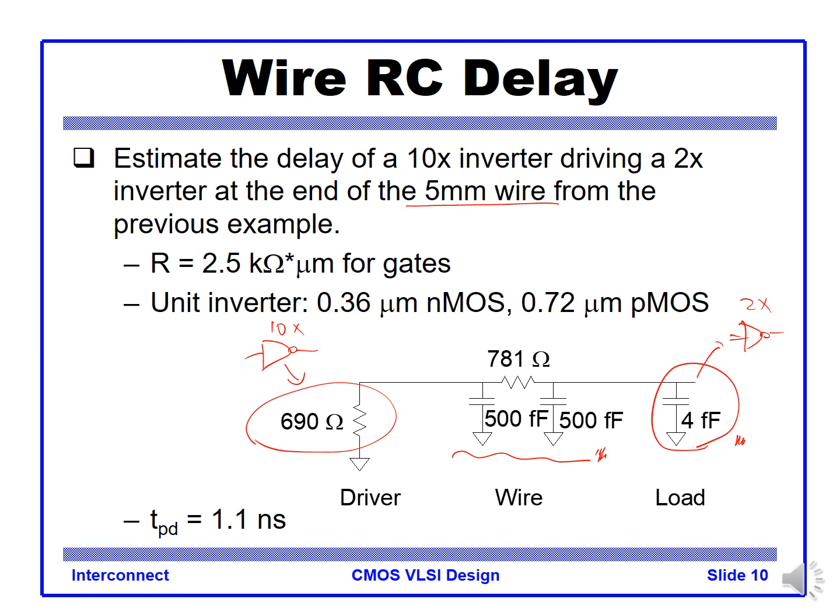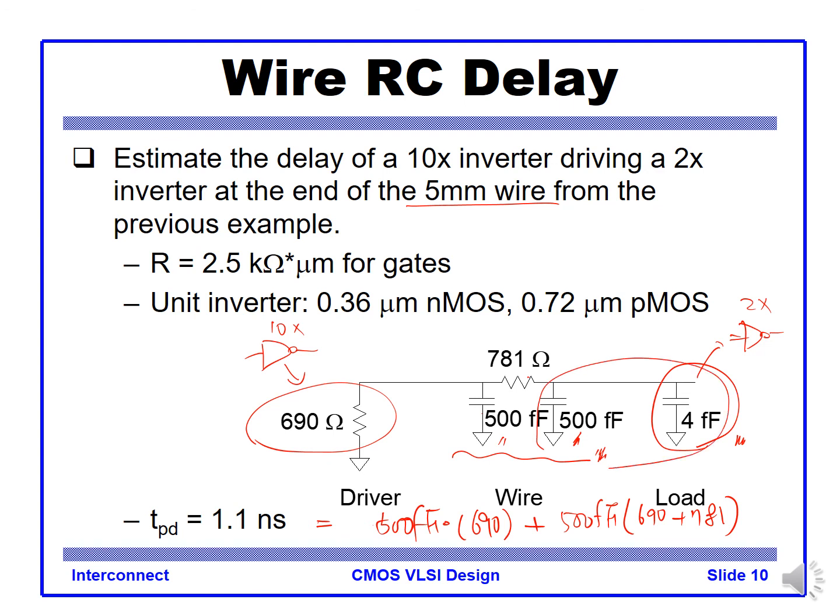Then when we calculate the delay, we get the Elmore delay. First, 500 femtofarad times the resistance going up to there, 690, plus another 500 femtofarad times the resistance in the path, 690 plus 781.